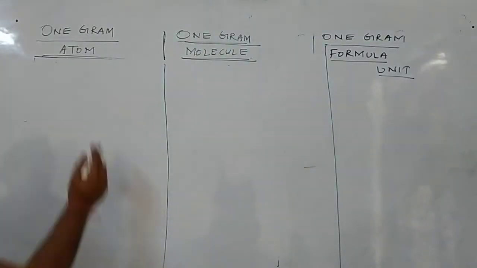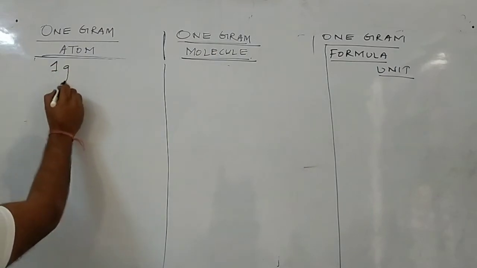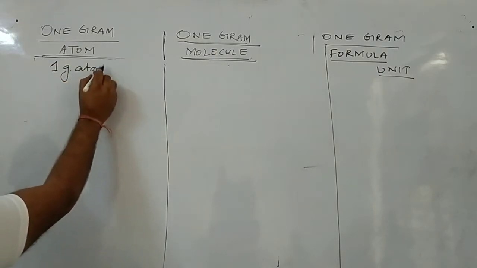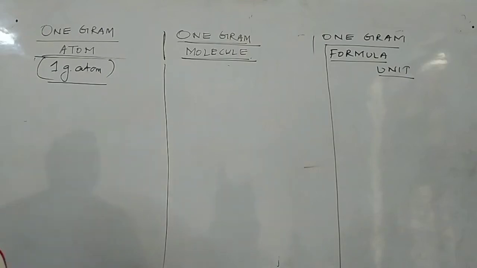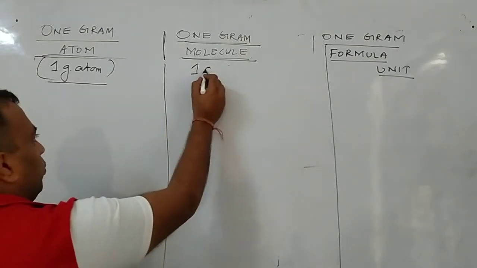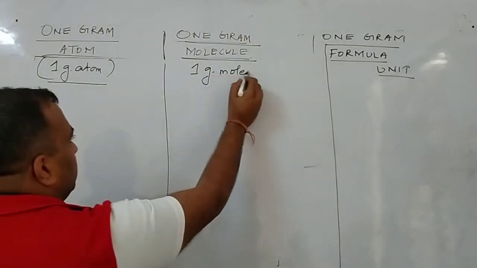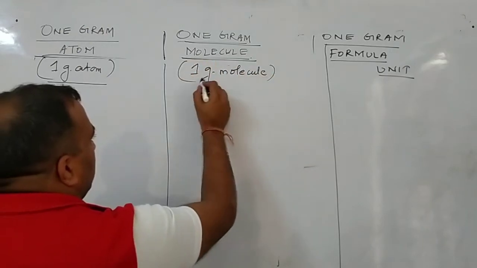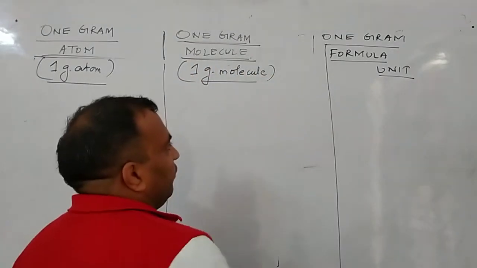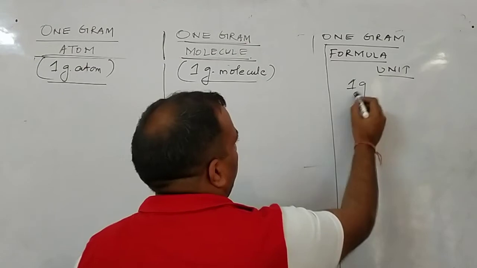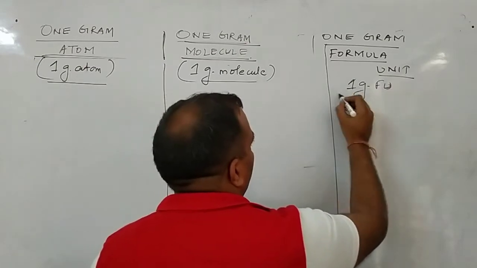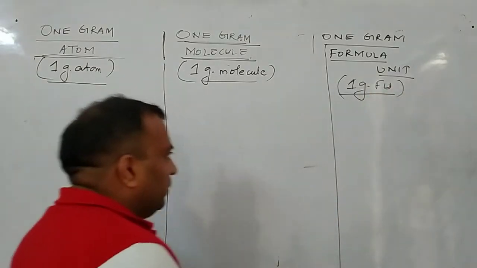So 1 gram atom is written as 1 g atom, 1 gram molecule is written as 1 g molecule, and similarly 1 gram formula unit is written as 1 g FU. Okay, so let's see what is the meaning of this.